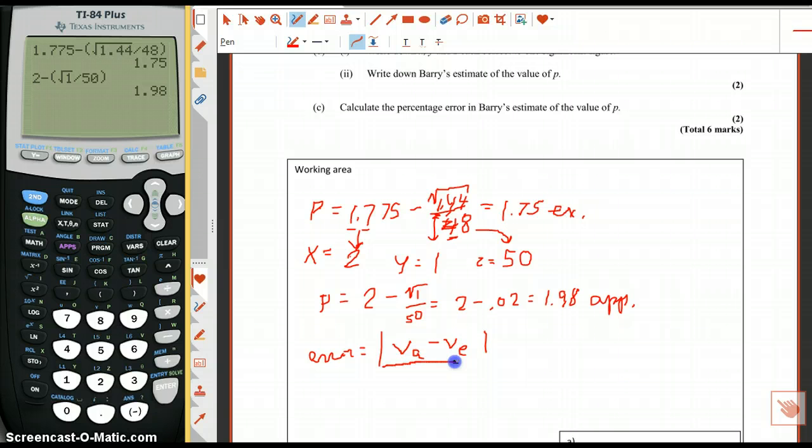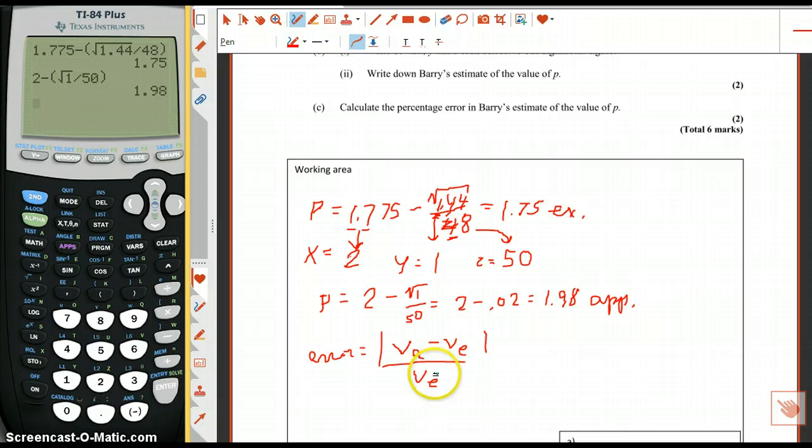Now, a lot of people got wrong what they put on the denominator. Now, do we put the exact value or the approximate value? Well, you need to always use the exact value if possible, because otherwise the denominator is going to vary along with the approximate value, and that's not what you want. If you want to compare the error between two different measurements, you don't want the denominator to be different for both.